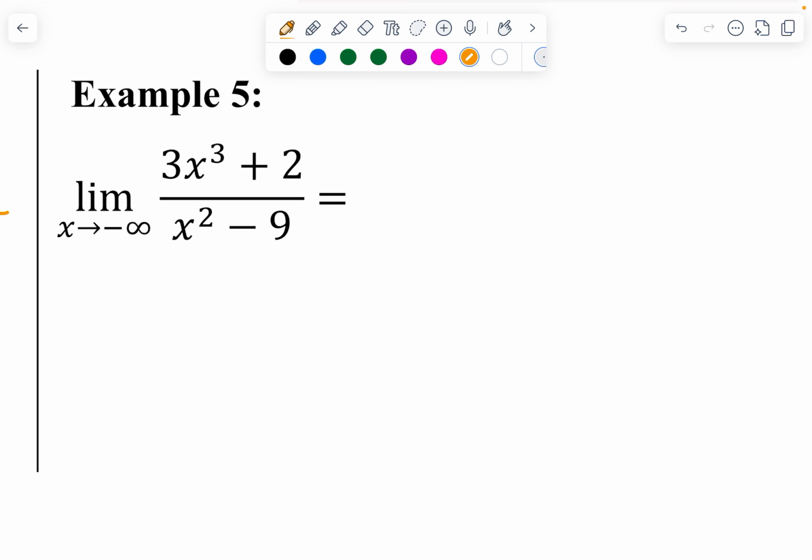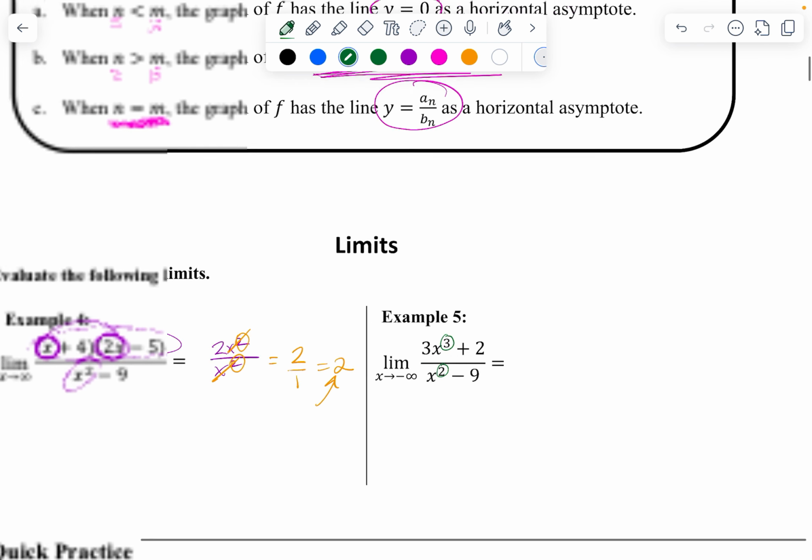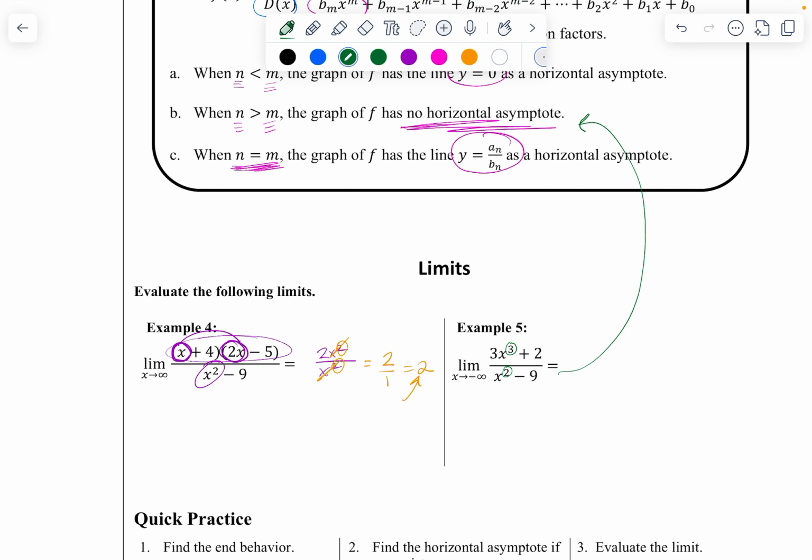And for example number 5, again I'm looking at the degrees. I see this is 3, this is 2. This is where the numerator is bigger than the denominator. So if the numerator degree is greater than the denominator degree, then I know here it has no horizontal asymptote.